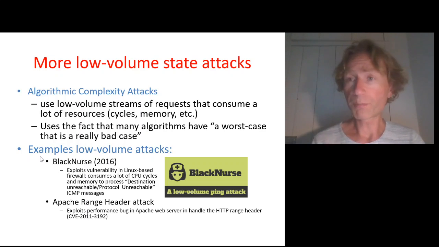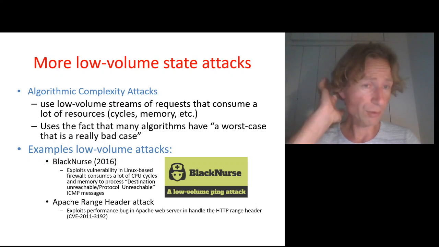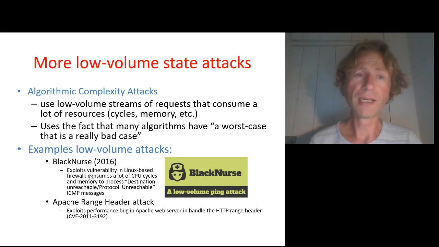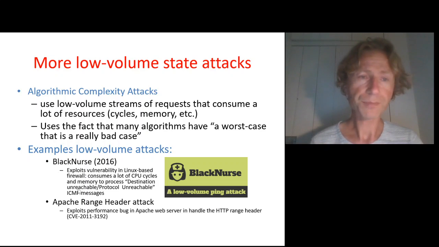There are some practical examples of low volume attacks, and one of them is Black Nurse, which exploits a vulnerability in a Linux-based firewall, consuming a lot of CPU cycles to process destination unreachable, protocol unreachable ICMP messages. So if you know that this is the worst case and it's really disproportionate in the amount of resource consumption, that's what you're going to be going for.